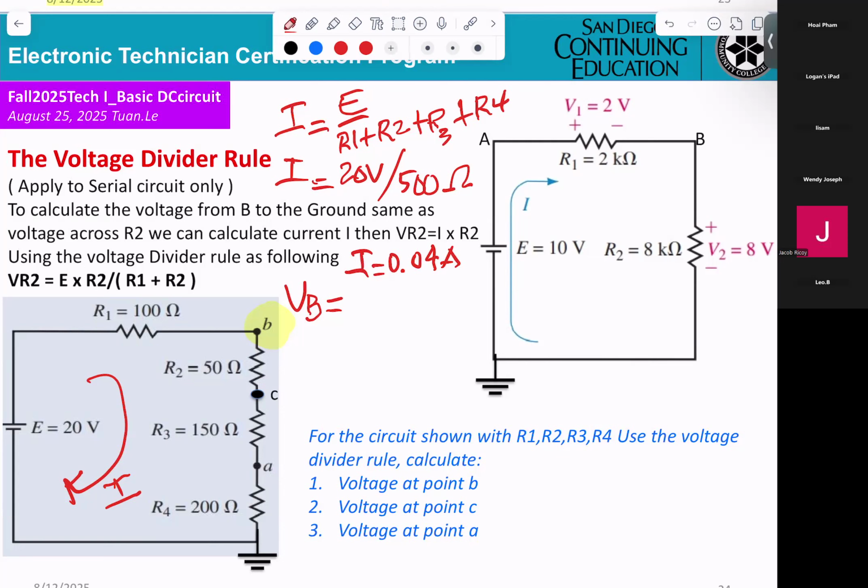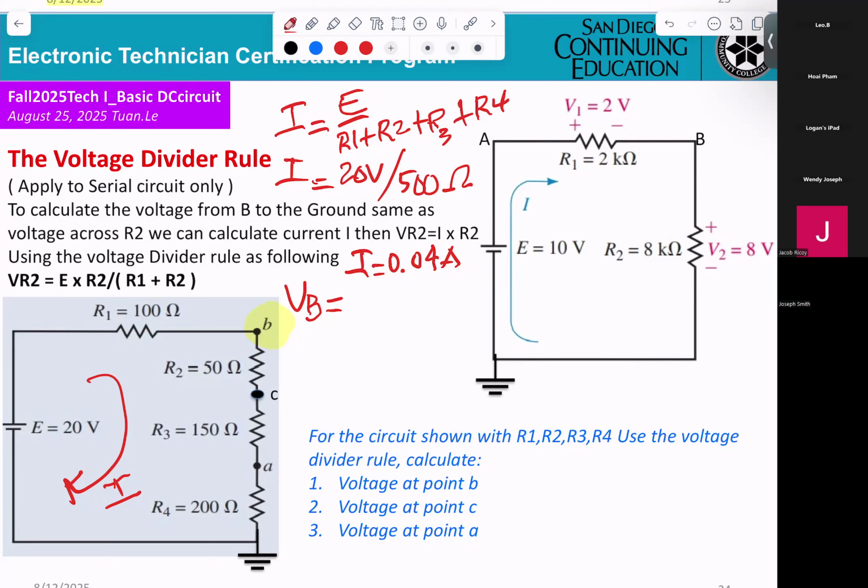And now they want VB. VB only. When you're talking about voltage, the high side and the low side have to be two different points. However, if I say VB only, the other side must be ground.